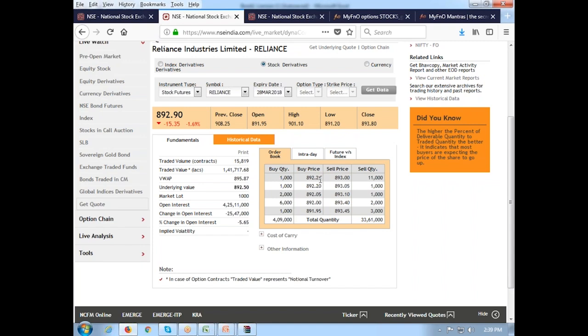If you want to buy Reliance right now, either you buy at 893 rupees, or you quote better than this, that is 892.5 or 892.95, whatever, you can quote. Let's say this is an auction process.